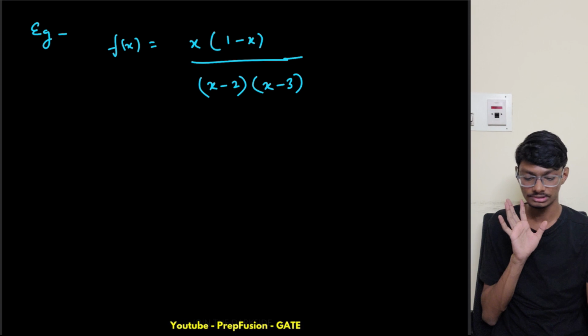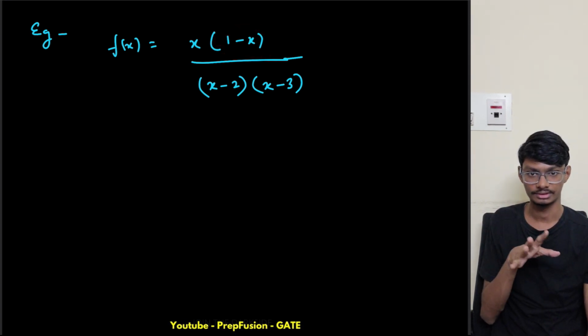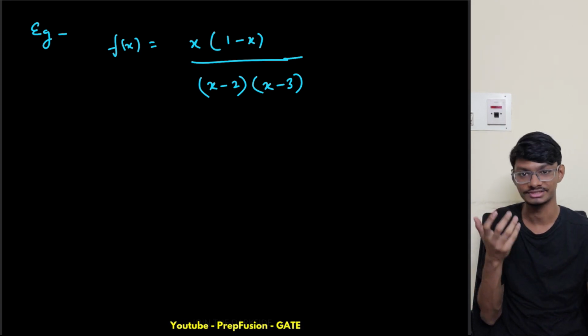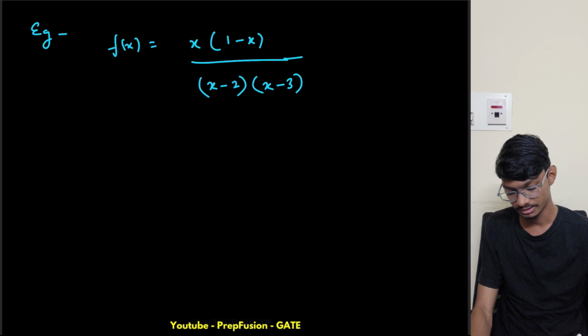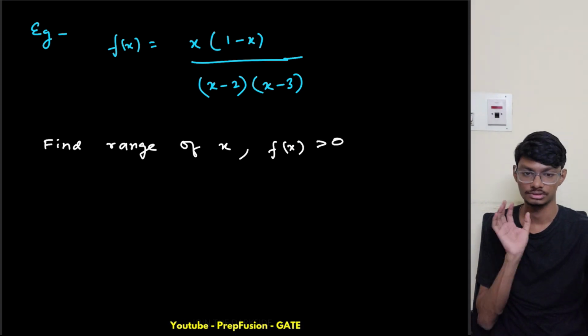Our normal format was that the coefficient of x should always be positive. So we'll convert this into our normal format. But first, what is the question? If I were to ask you to find the range for which f of x is positive.